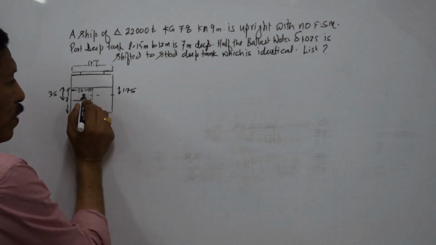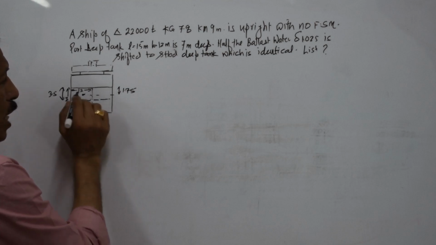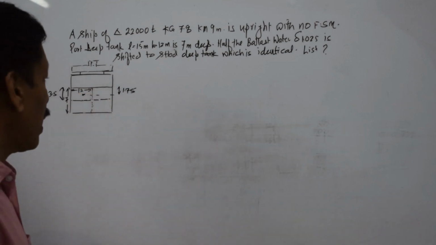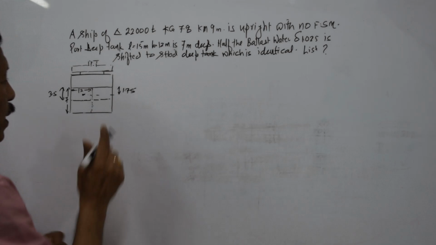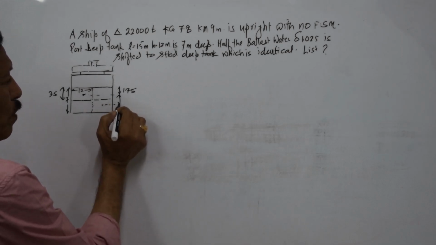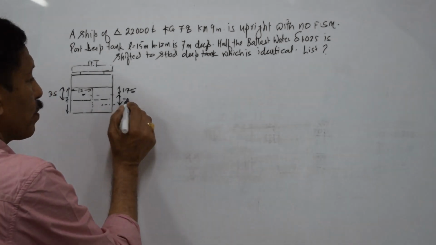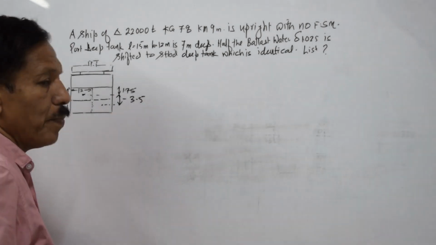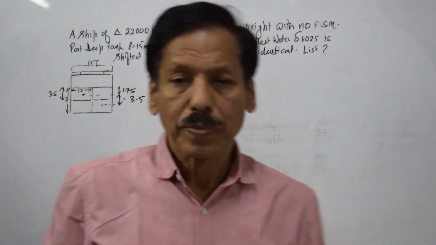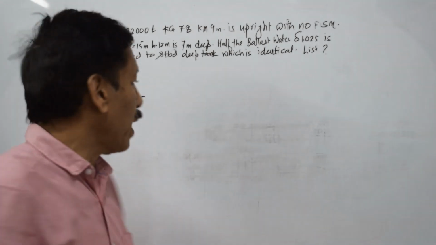If this block is transferred over here, then the total vertical shift of the centroid of the block is 3.5 meters. This block occupies 50% of the deep tank.